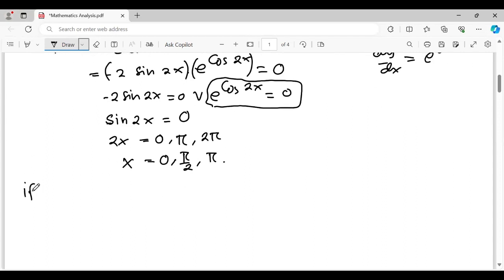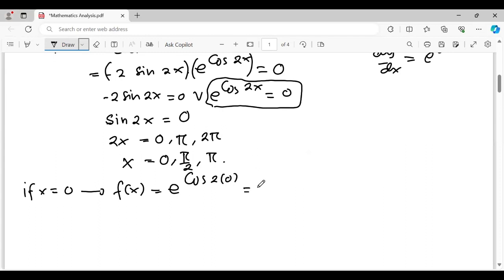Now, if x equals 0, we're going to find a coordinate point. So f(x) will be e power cosine 2 times 0.